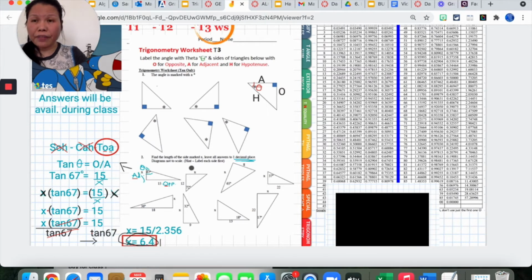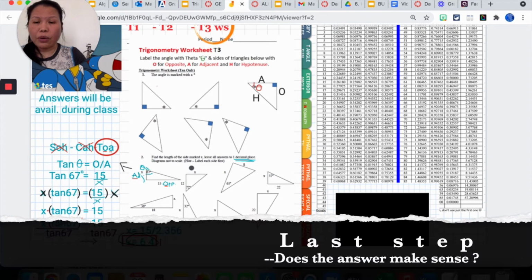Now there is one very last step that I need to point out. You need to check for the reasonableness of the answers. And what do I mean by reasonableness? I am looking for the short side. The short side, if you remember, we put 6.4. It makes sense that 6.4 is shorter than 15.